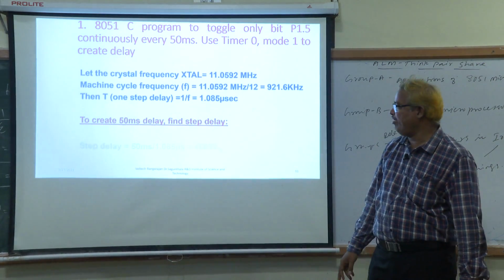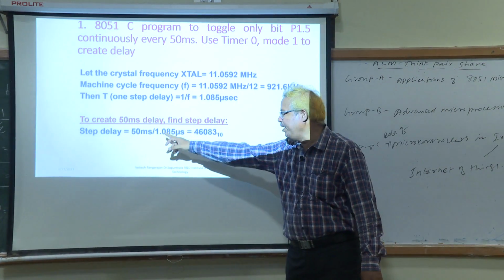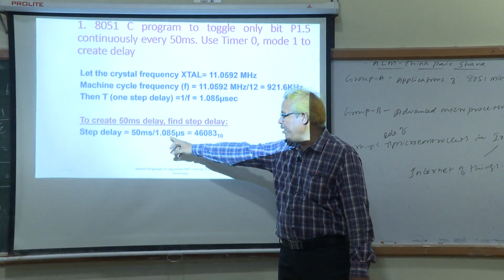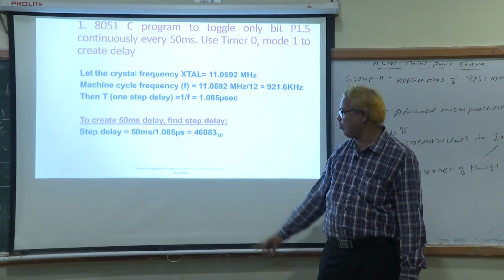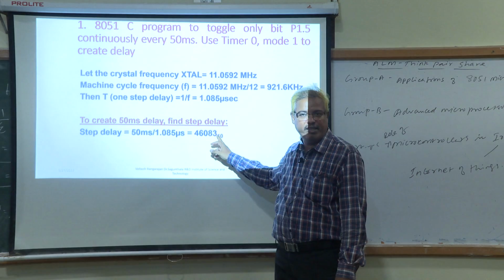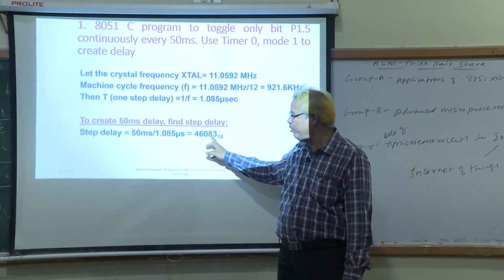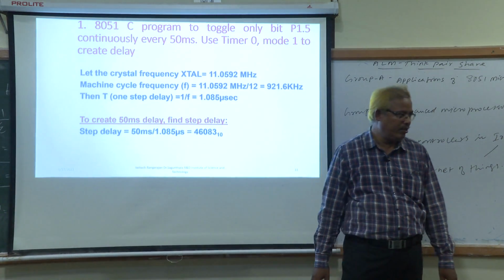In order to create a 50 millisecond delay, 50 milliseconds divided by 1.085 microseconds is 46083, which is a decimal value. It needs to be converted into hexadecimal.